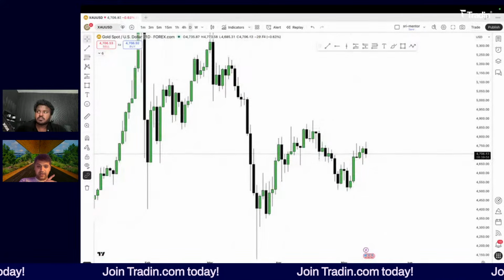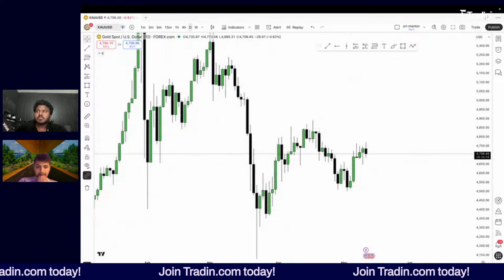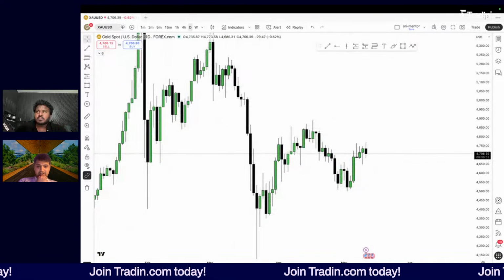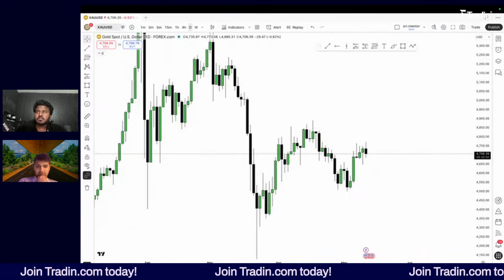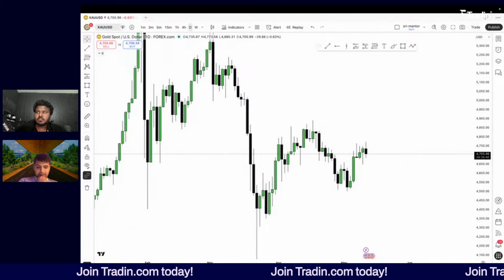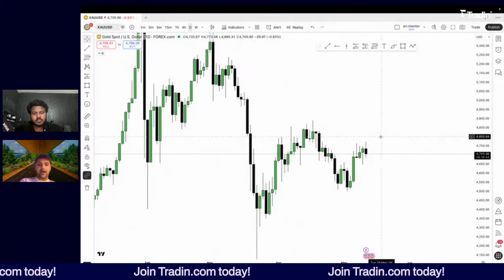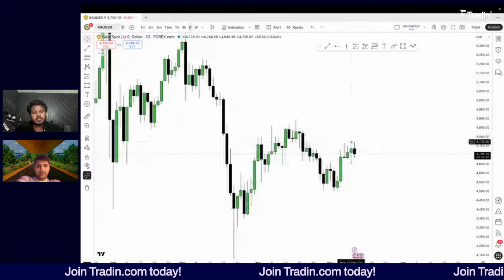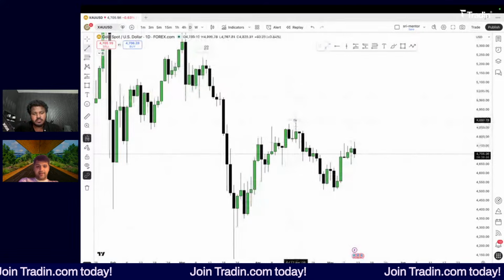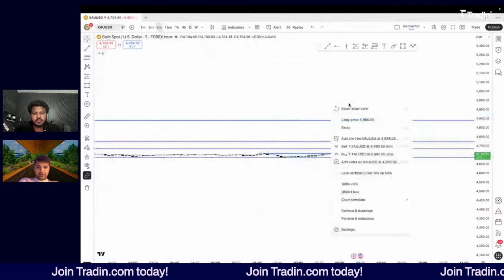If you can mark on the daily the last swing high, this would be the target when we break above 4750. Yes, exactly, I'm expecting the same thing.